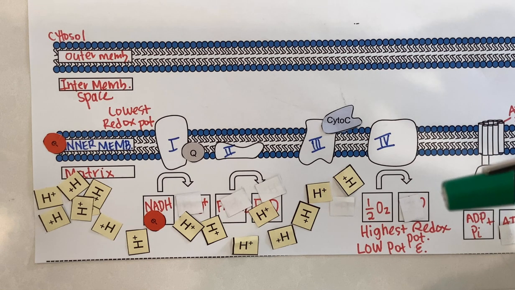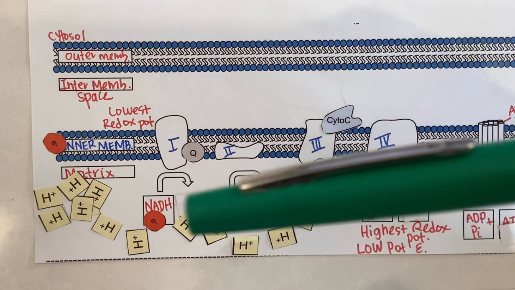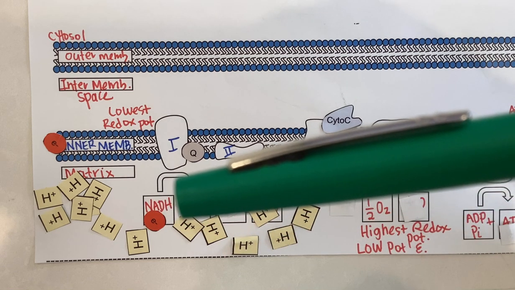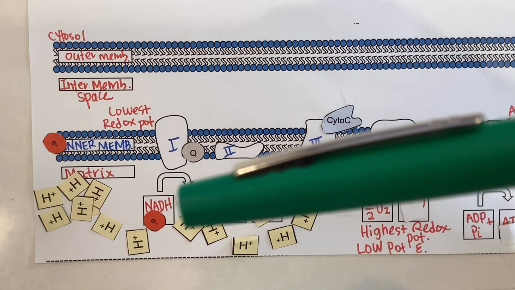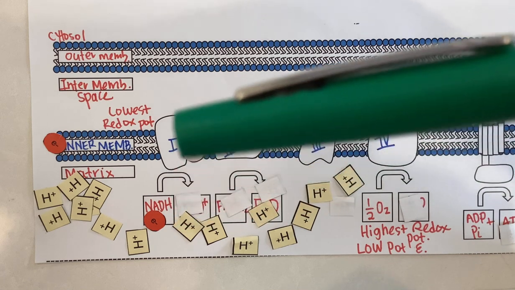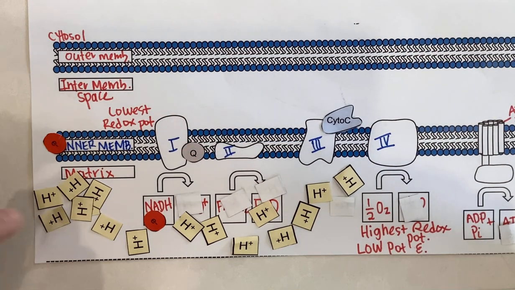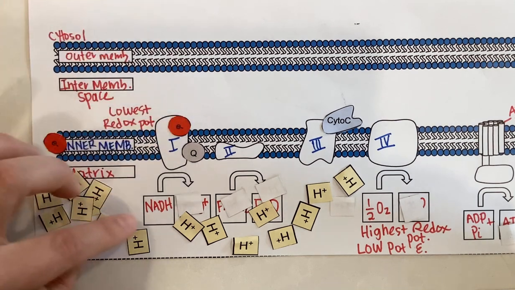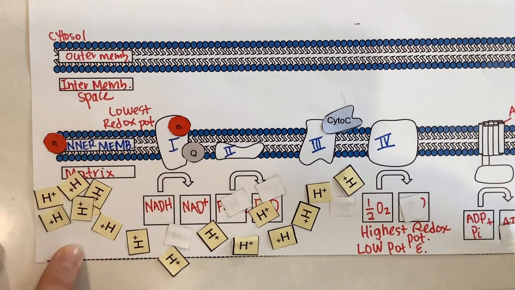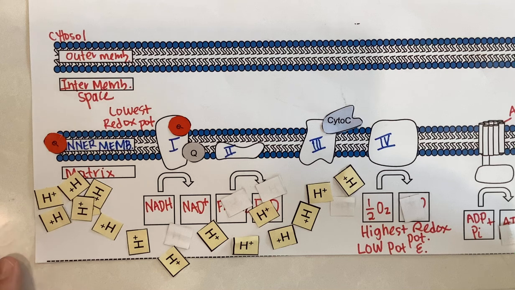So let's talk about how that happens. So the first step I'm going to focus on is the delivery of an electron from NADH. Okay, so NADH is going to donate an electron to complex 1, and this is going to mean that NADH is going to be converted into NAD+.